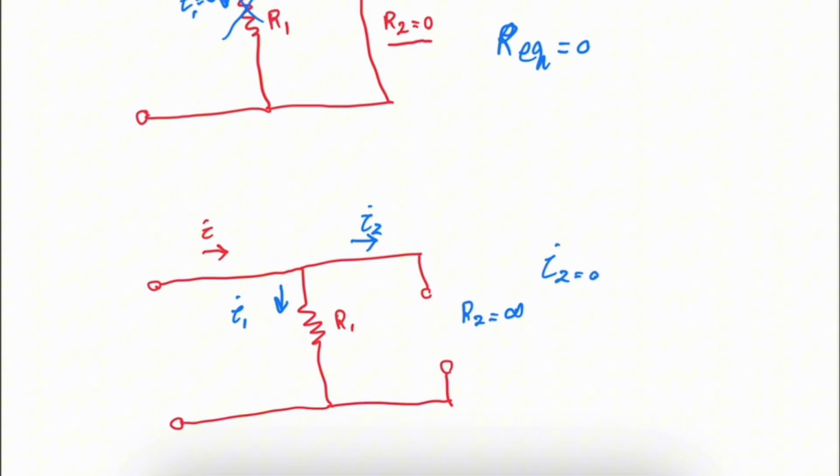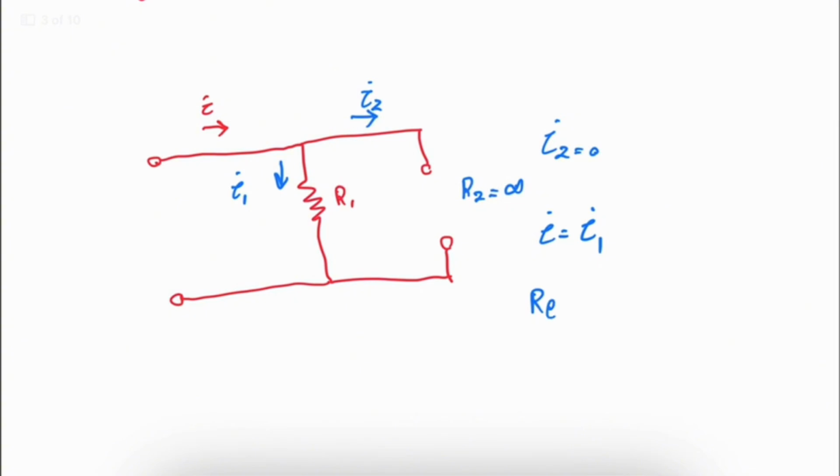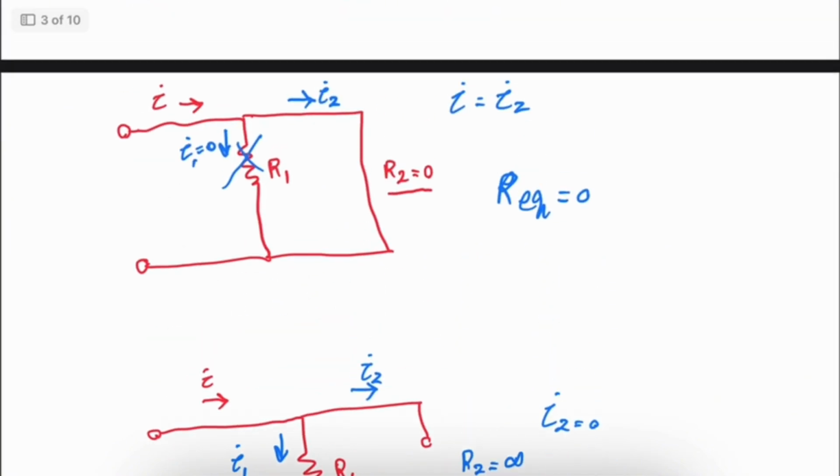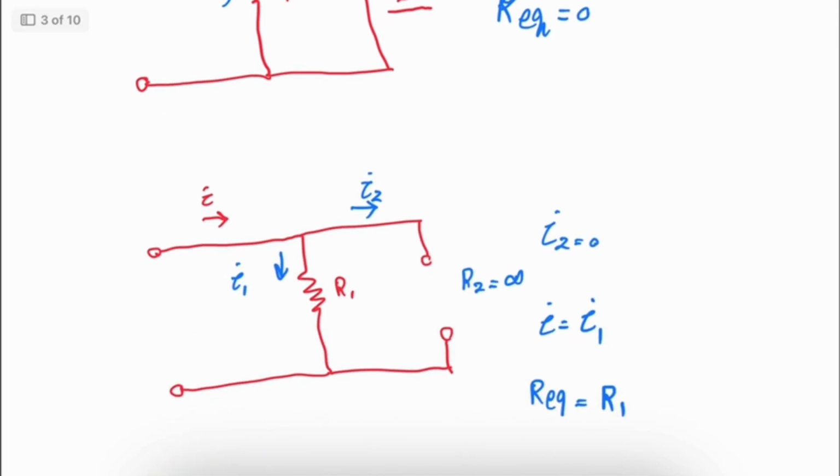Therefore, all the current must pass through resistor 1, so I1 is equal to I, the total current. In that case, my R equivalent is going to be equal to R1. These special cases are very important in practical circuits, which we will see with a few examples that I'm going to solve in the next two videos.